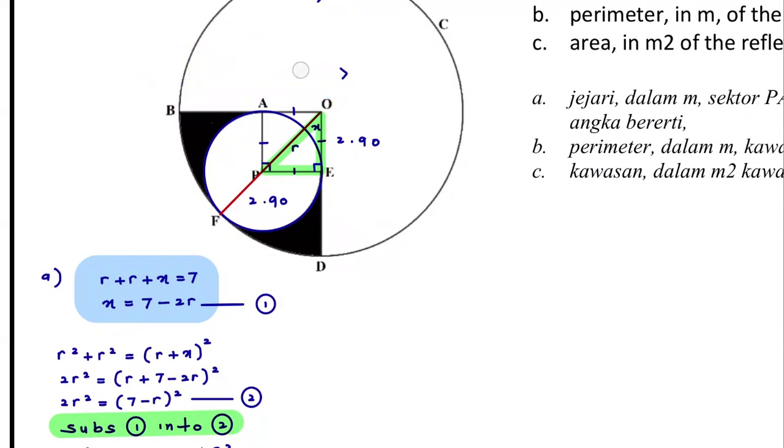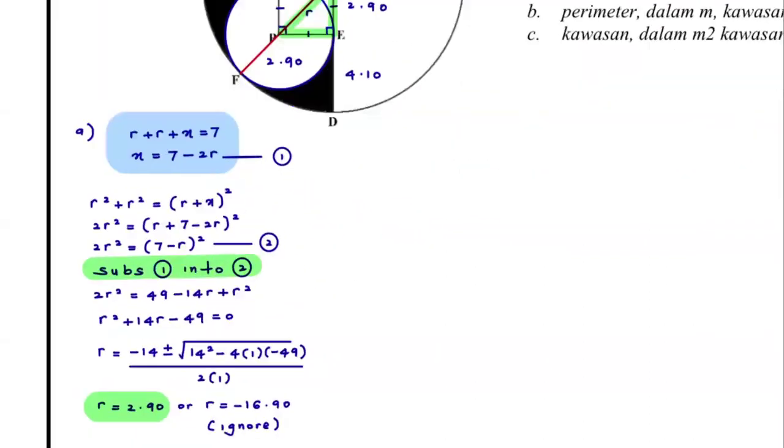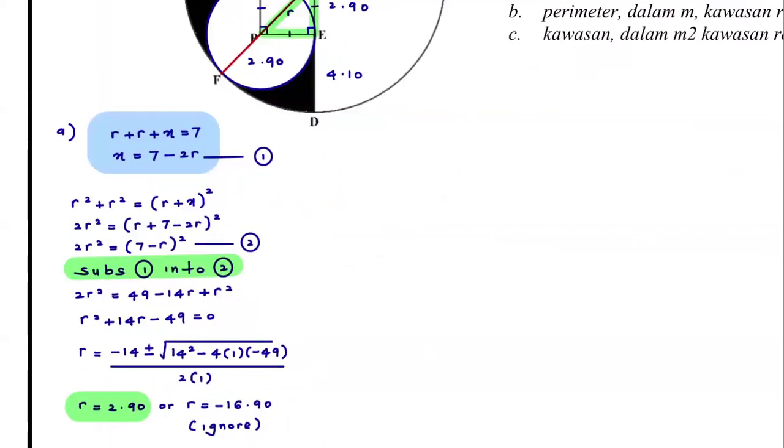Because we know that the entire thing is 7, right? So what I'm going to do here, I'm going to take 7 minus 2.9. What are you going to get? You're going to get 4.1, here 4.1, and also 4.1, and 2.9. Got it, guys? Understand, right? Okay, keep aside all this. So I think I already settled this question A for you. I hope you understand my solution, guys.